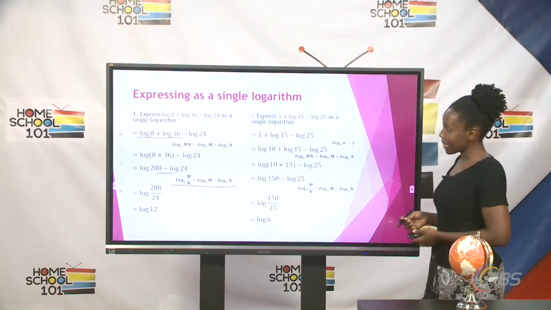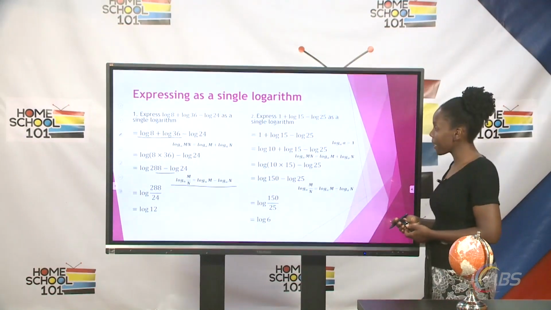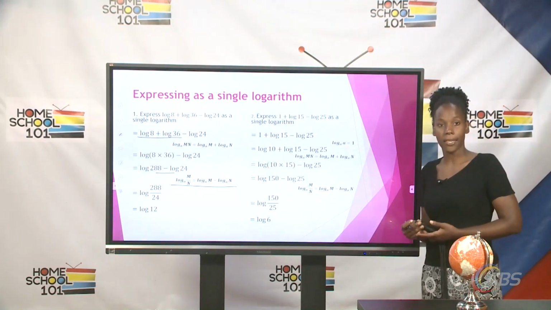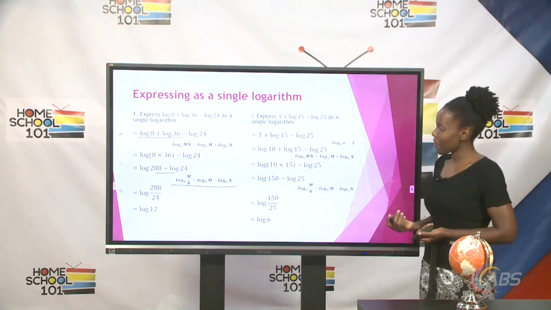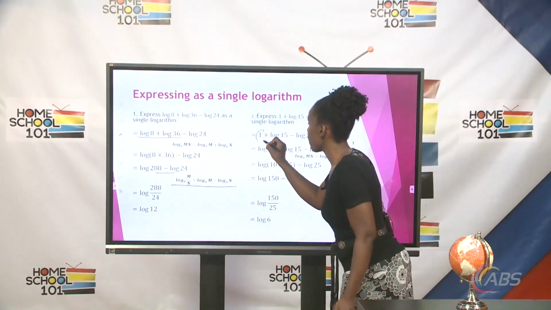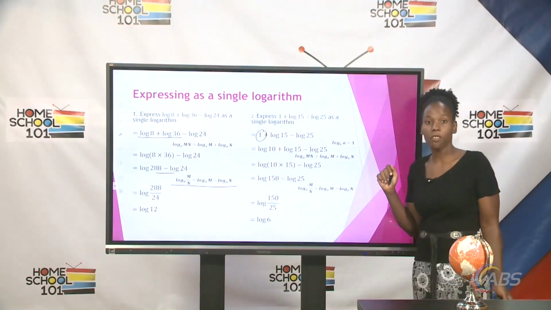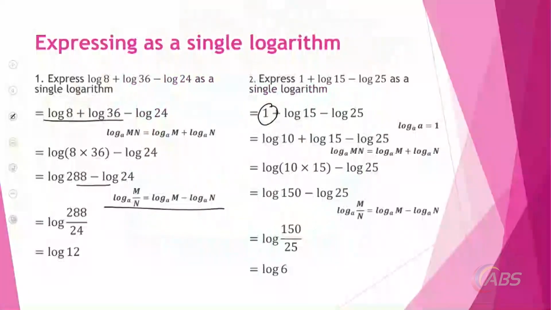For the second example, I have express 1 plus log 15 minus log 25 as a single logarithm. So we have 1 plus log 15 minus the log of 25. Now once I see a number here, I would need to convert this number to a logarithmic expression. So I can apply the law which states that once I'm finding the logarithm of the base itself, it is equal to a value of 1.